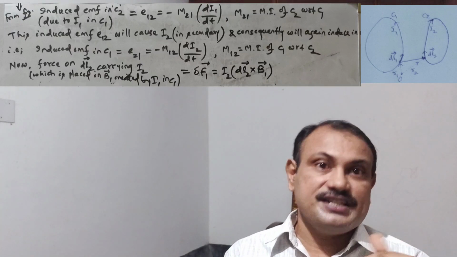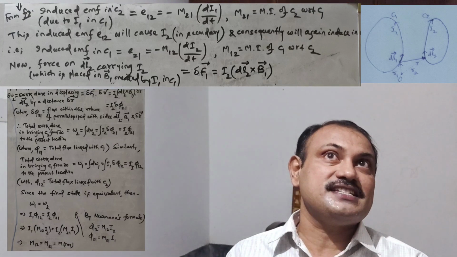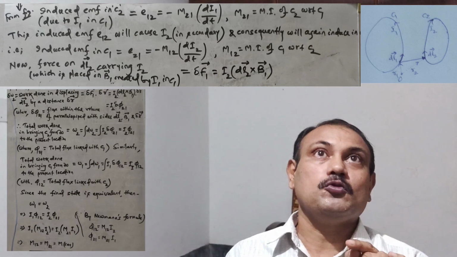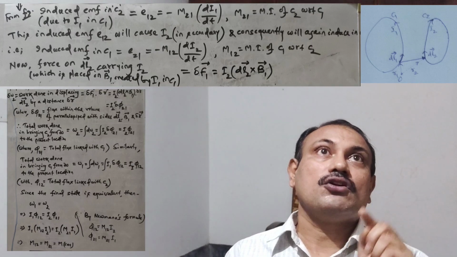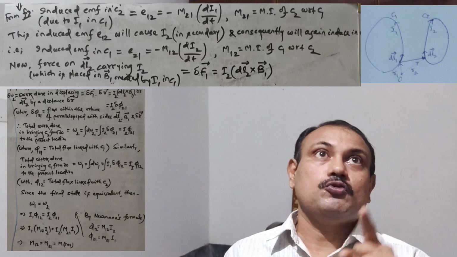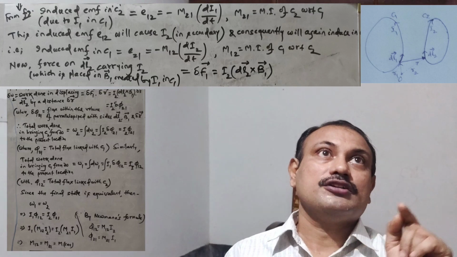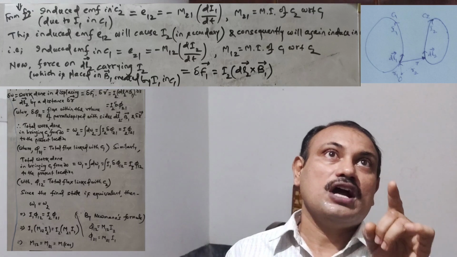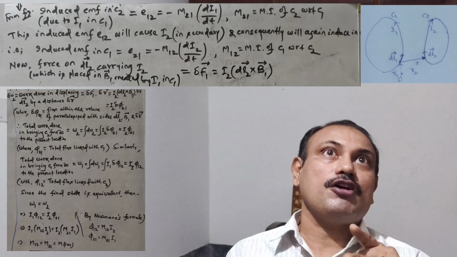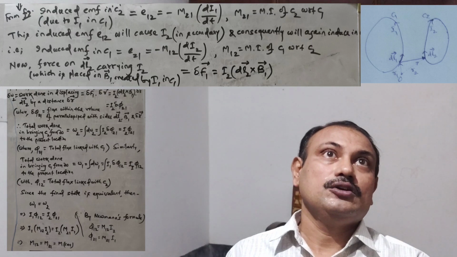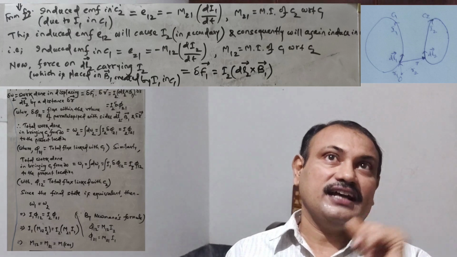Now this force generates a virtual work, delta W2, which is the work done in displacing this length element dl2 by a distance delta r, written as delta F1 dot delta r. That will be equal to I2 times dl2 cross B1 vector dot delta r. So that will be equal to I2 times delta phi 21, where phi 21 is the flux within the volume of the parallelepiped with sides dl2 vector, B1 vector and delta r vector.